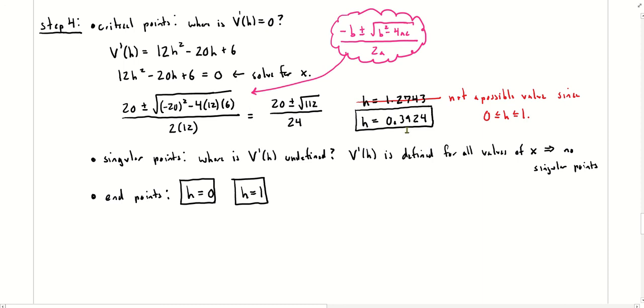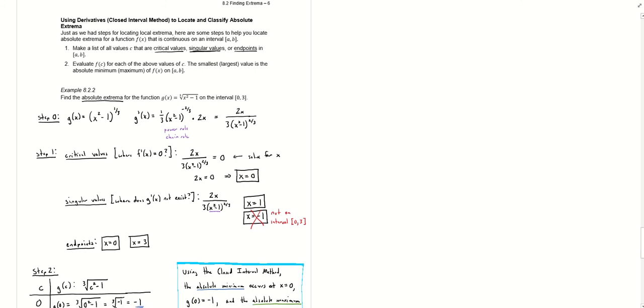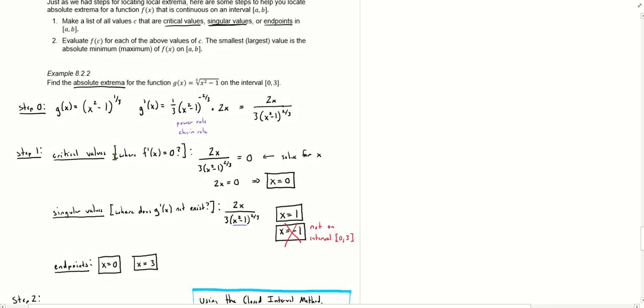Okay, so it looks like I have three values to check for my global extrema, my global maximum in this case. This critical point here, and these two endpoints. So remember how we did this back in topic 8. On this example here on page 6, we were basically doing this same thing.